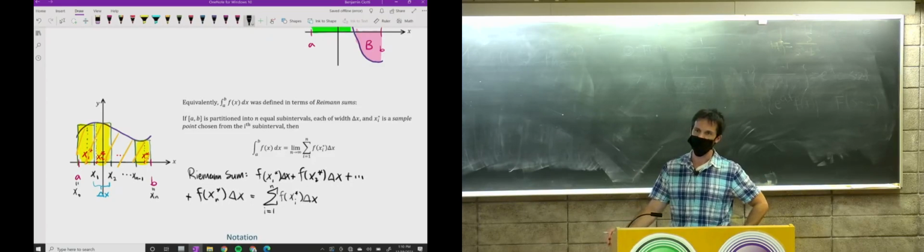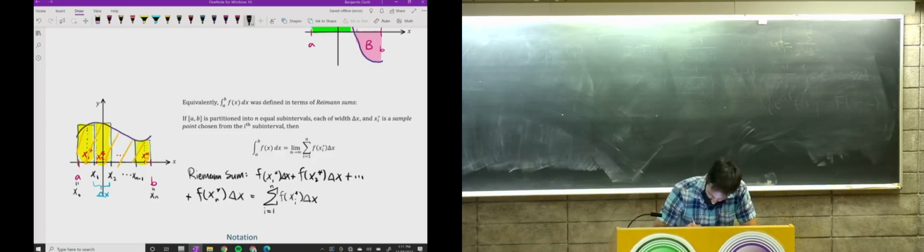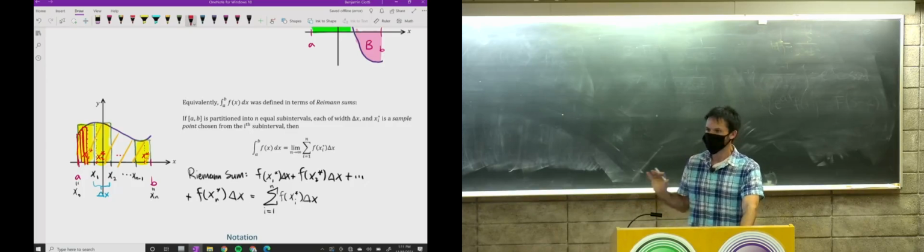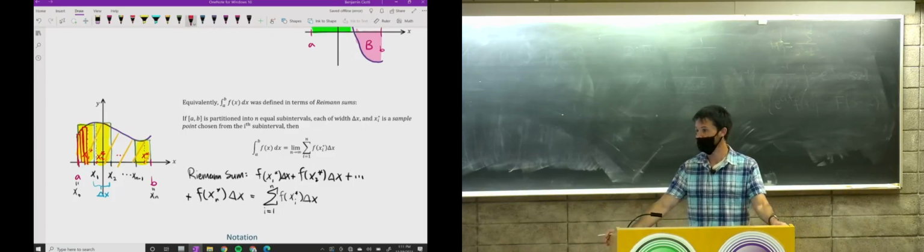What if we take an increasing number of subintervals? So if we take an increasing number of subintervals, that makes them smaller, or skinnier rather, but we get more of them. The more subintervals that we take, the better our approximation to the true area underneath the curve will be.